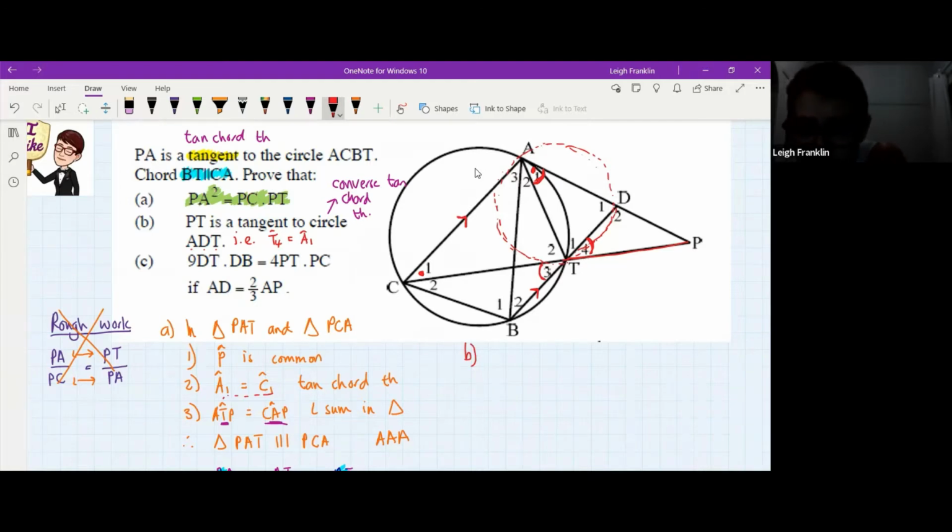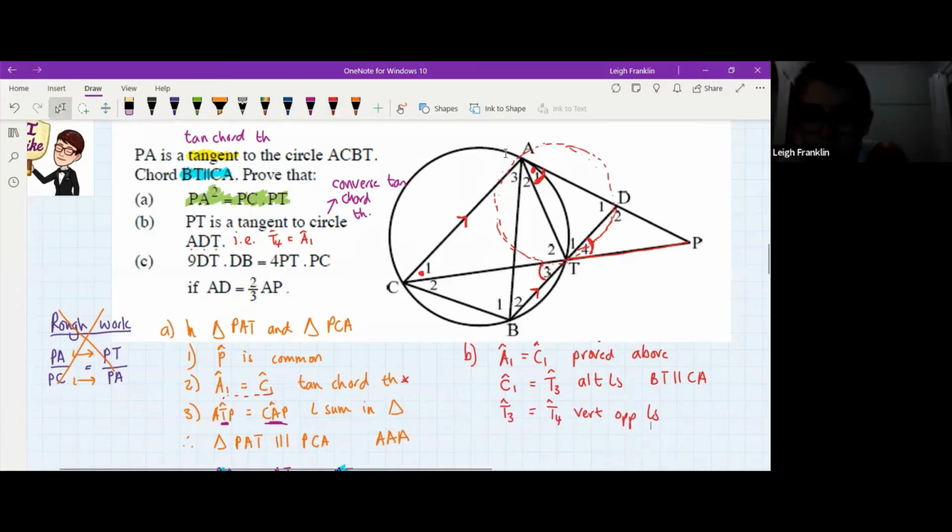All right, well done, Matrix. This is great. Angle A1 equals angle C1. Because we've already done it over here, we could say proved above, but we could say tan chord theorem as well if we wanted to. Then we're going to conclude that C1 is equal to T3 because they are alternate angles, and that is because BT is parallel to CA. And then we're going to say T3 is equal to T4 because they are vertically opposite angles.